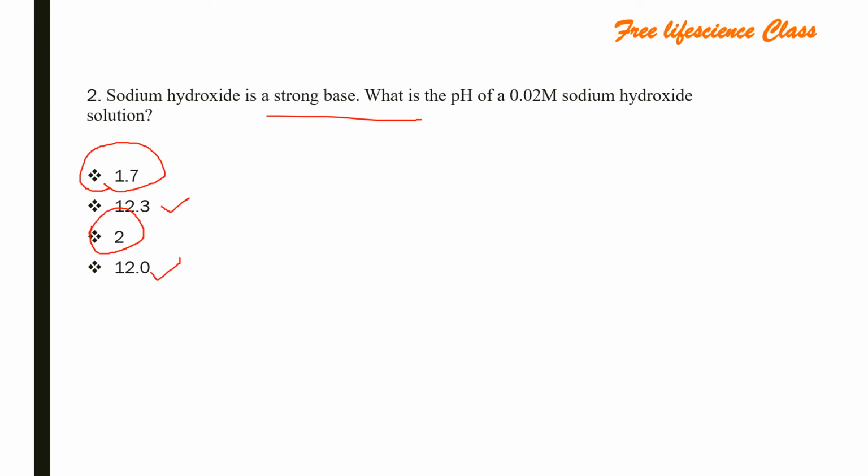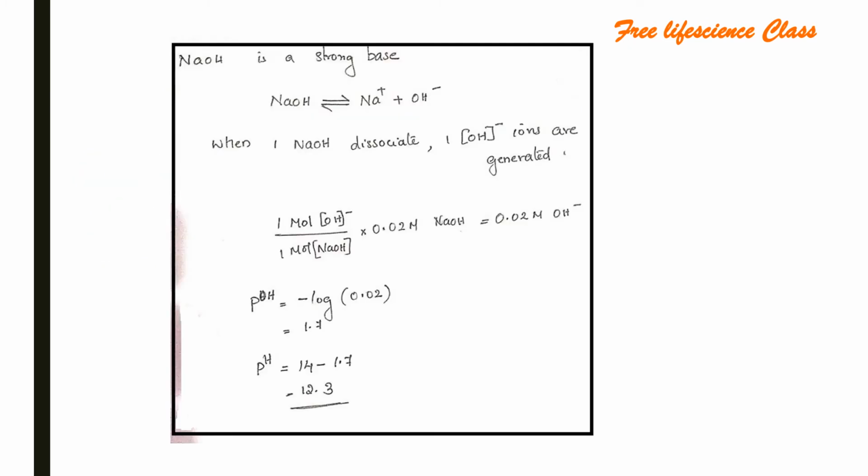For calculation, we do the same thing we have done before. NaOH, that is sodium hydroxide, is a strong base. When it dissociates, what will be the result? It will give sodium and OH minus ions. That is, when every NaOH dissociates, we will get one OH minus ion.